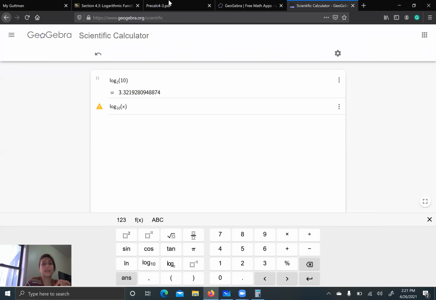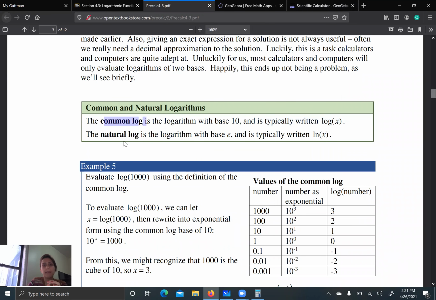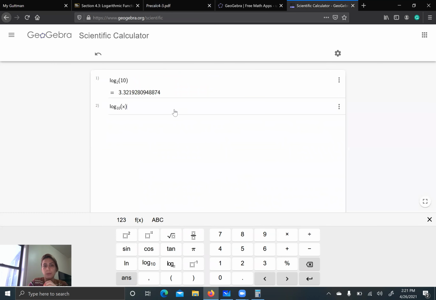It is called common log. We have one more notation for natural log. Natural log is a logarithm with base e. Just a quick reminder, what is e? e is Euler's number.